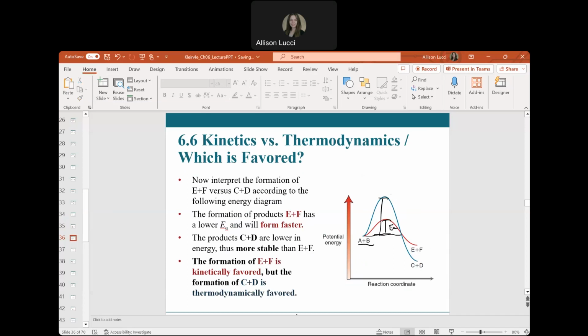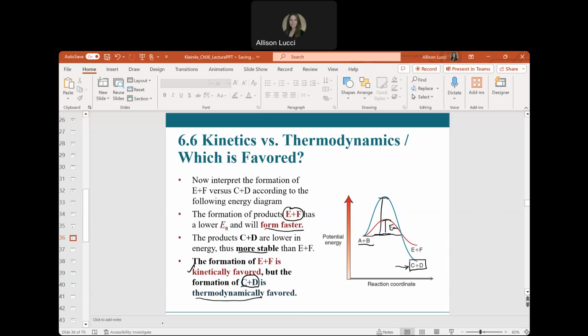So the lower activation energy would tell us that products E and F would form faster, and they would be kinetically favored. When we look at the energy overall of our products, the lower potential energy would be with products C and D here. So when we do a thermodynamic analysis, C and D would be our thermodynamically favored products because they are more stable.